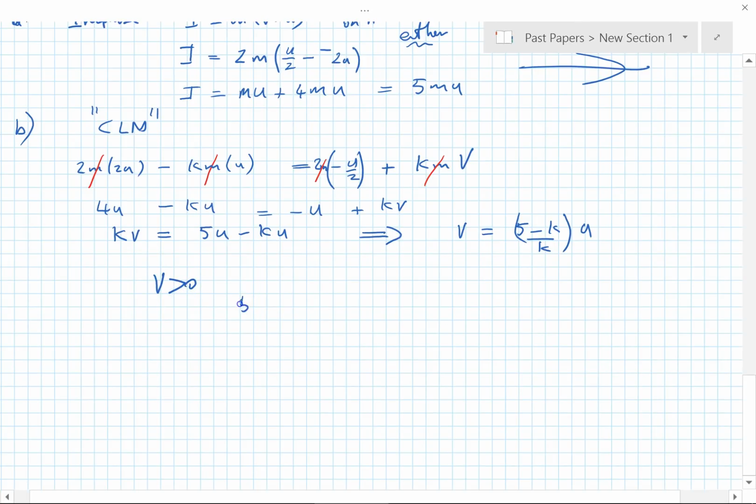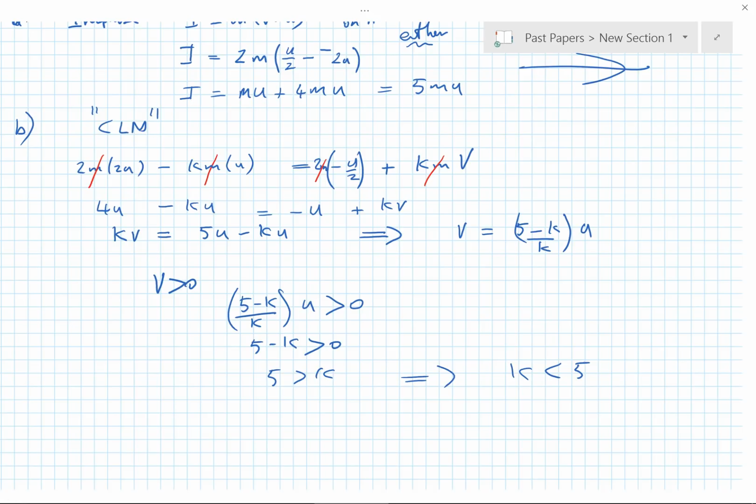So we have (5 minus k) over k times u is greater than 0. Well, we can divide by u and multiply by k. We get 5 minus k is greater than 0, which gives us 5 is greater than k, if you like. But we tend to see it that way, so k is less than 5 is our answer. So that's how we did that question.